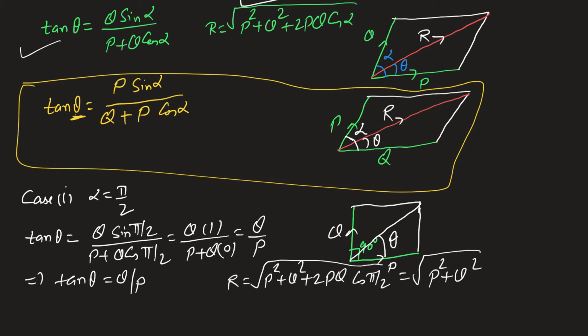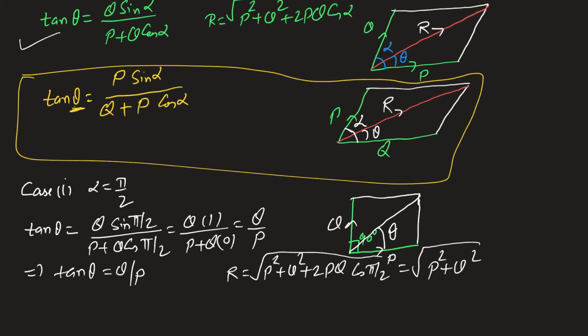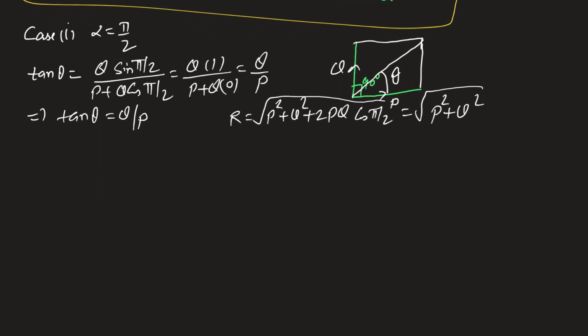Now, case number 2, we will be studying when both the forces are equal, P is equal to Q. In that case, we know tan theta is equal to Q sin alpha divided by P plus Q cos alpha.